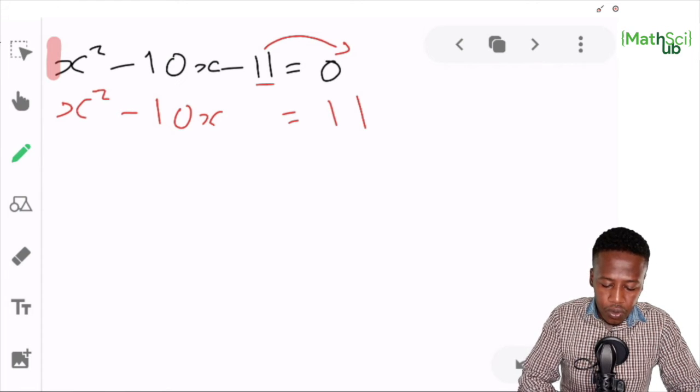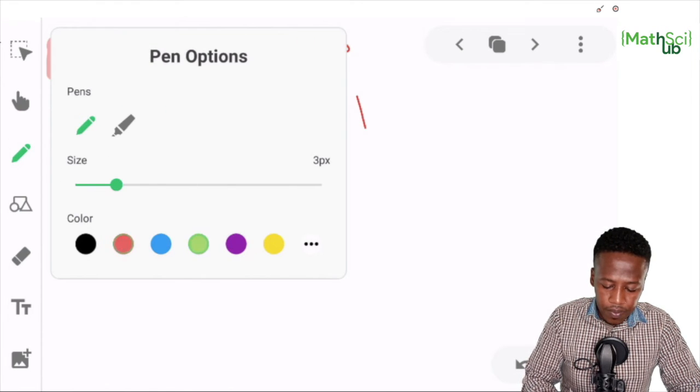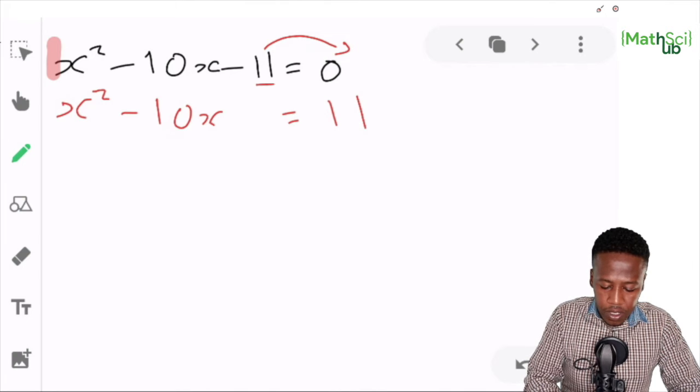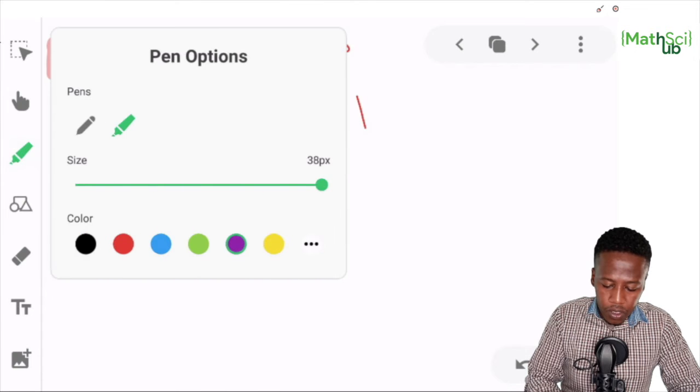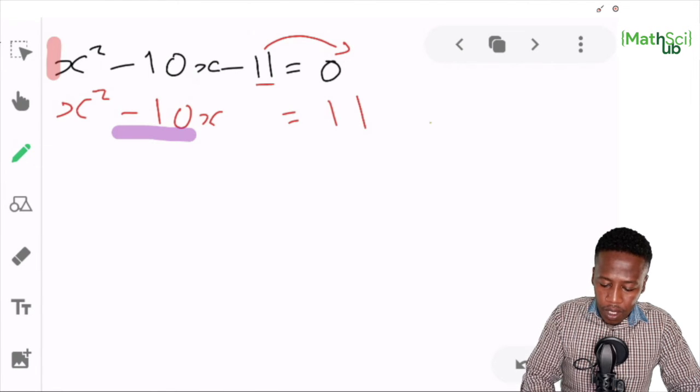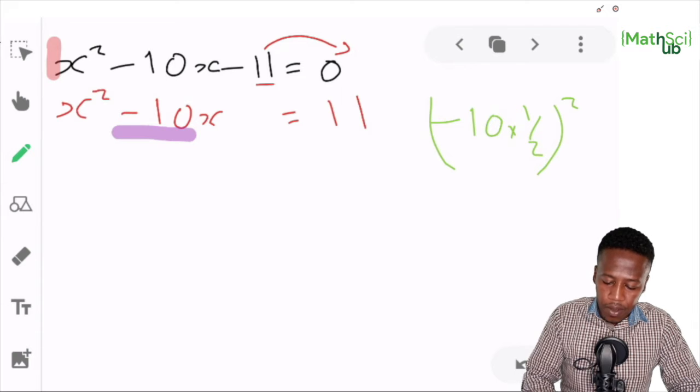Now the second step is to take the coefficient of x here, multiply it by a half, and then square it, meaning you're going to get minus 10 times half, it's 5, and then you square it, meaning it's going to be 25.